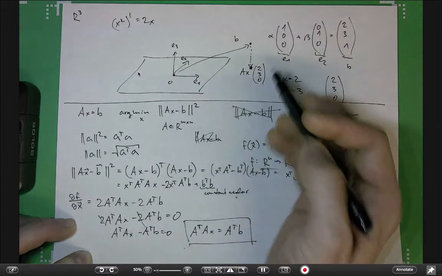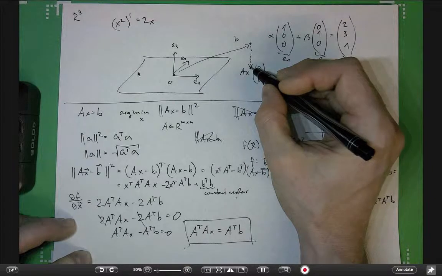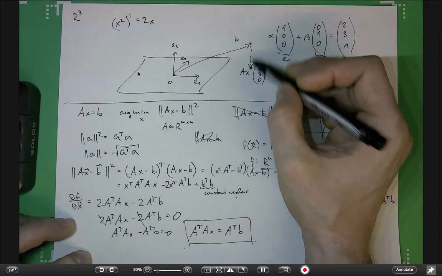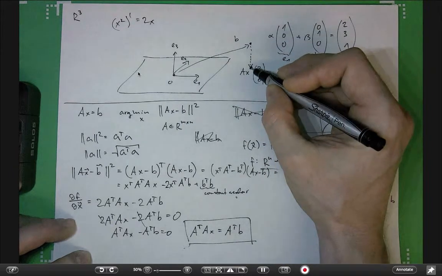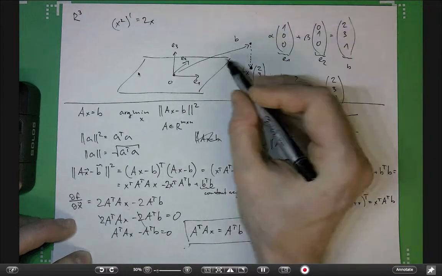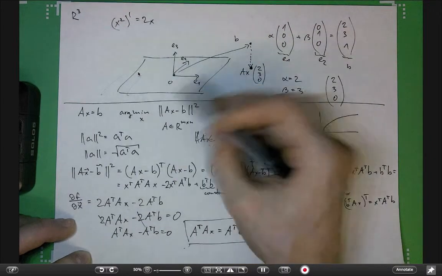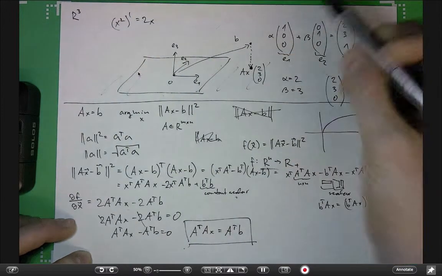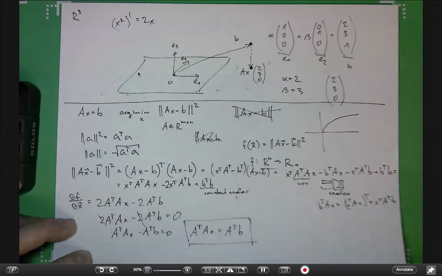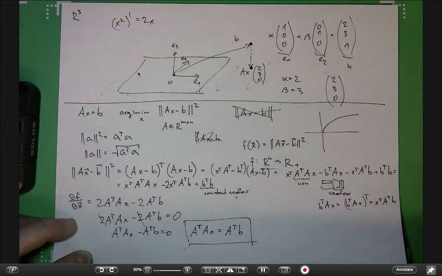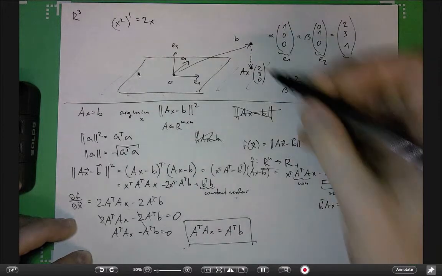And I'm looking for this point AX, which gets as close as it can to B, to this vector, or you can look at it in terms of points. I'm looking for a point in this two-dimensional subspace, which is of course infinite, which gets as close as possible to this point, which is specified by the B vector. I'm repeating it because I want you to remember that.